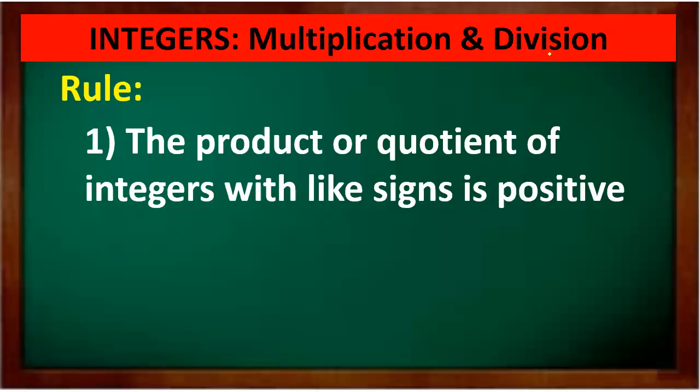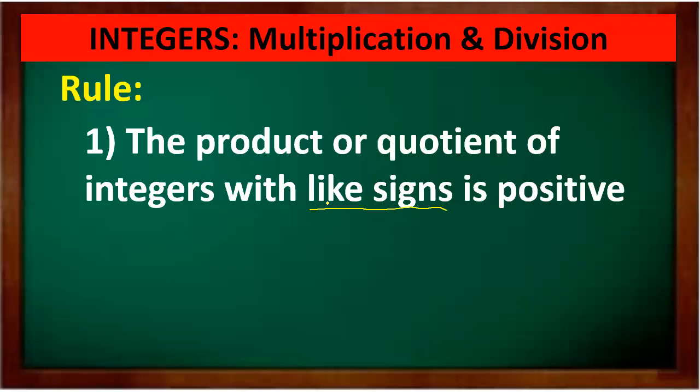So sabi dito, pag ikaw ay nag-multiply ng like signs, o nag-divide ng like signs, meaning magkapareho, it's either pareho positive ang dalawang number or parehong negative ang dalawang number. So like signs sila, pareho ang signs, ang answer natin will always be positive. Okay? So yun yung ibig sabihin nito.